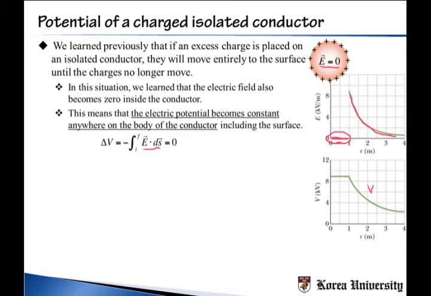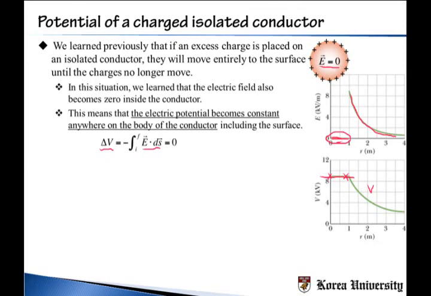But this integration is not the potential itself, but the difference in potential. So the difference in electric potential just inside the surface and deep inside will be zero. The difference being zero means the potential itself will become constant.